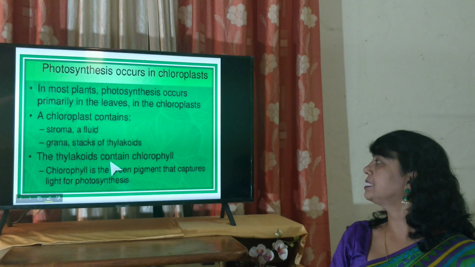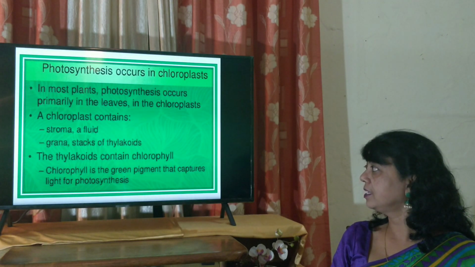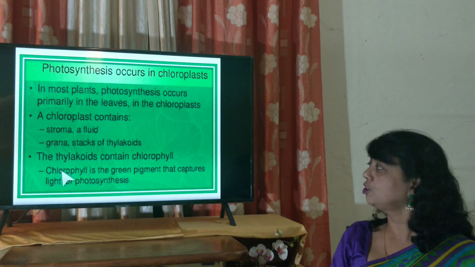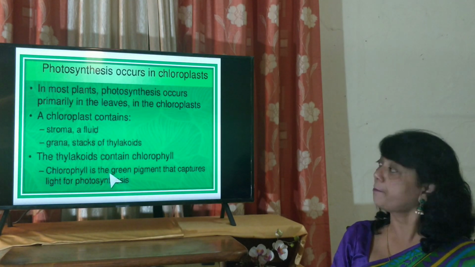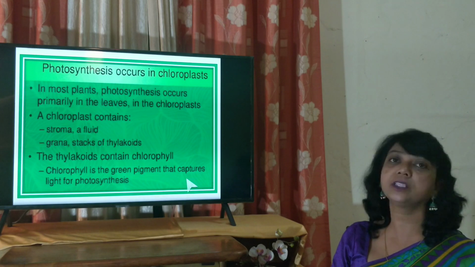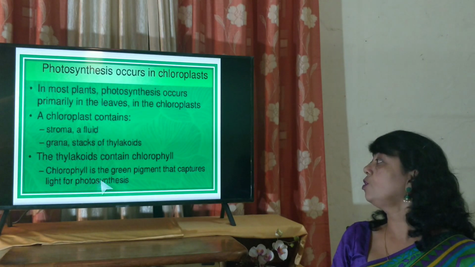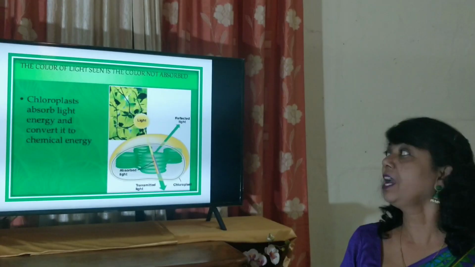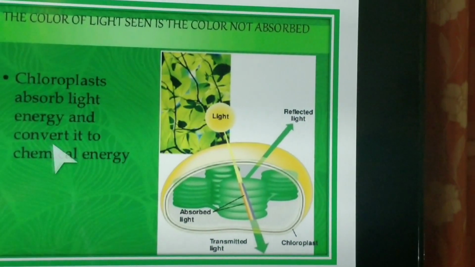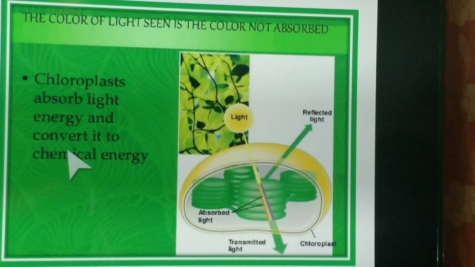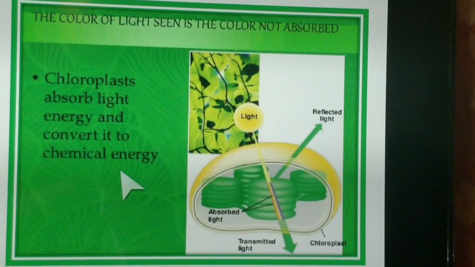The thylakoids contain chlorophyll, and of course you all know that chlorophyll is the green pigment that captures light for photosynthesis. We have studied that chloroplast absorbs light energy and converts it into chemical energy.